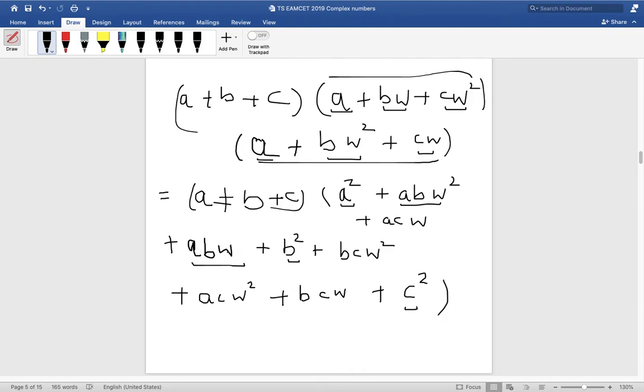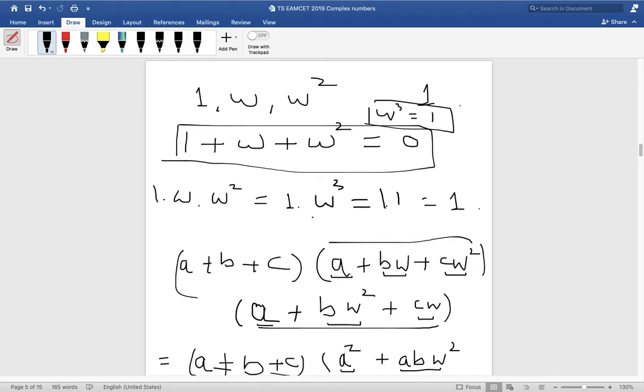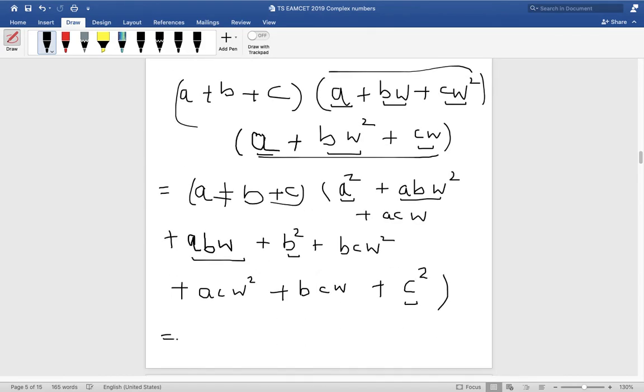Omega plus omega square. What is omega plus omega square? From here you can see omega plus omega square is -1. So you will get a plus b plus c into a square plus b square plus c square minus ab.